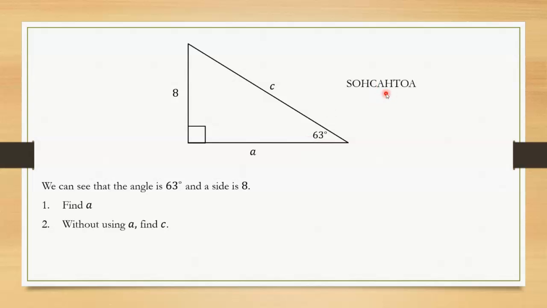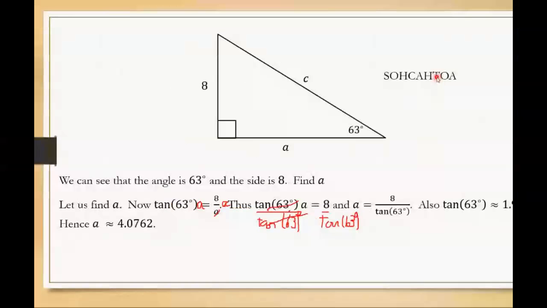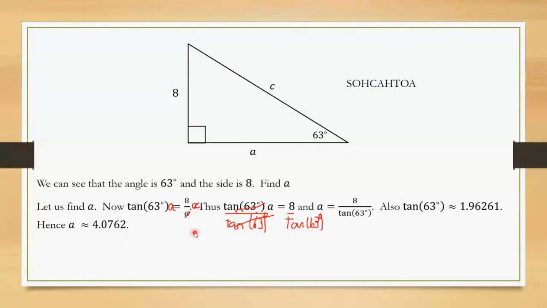Which trig function has opposite and adjacent? Well, that's tangent. We're going to use tangent to find A. And as you see, I did the work here already. So from here, we know that tangent of 63 degrees is opposite 8 divided by A.